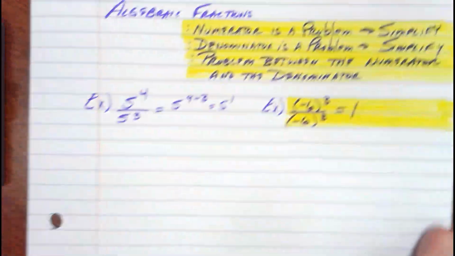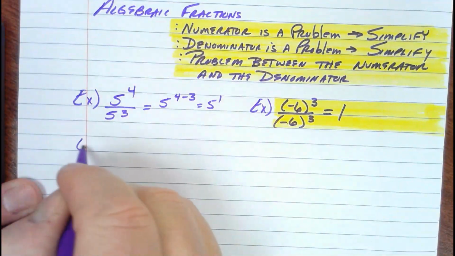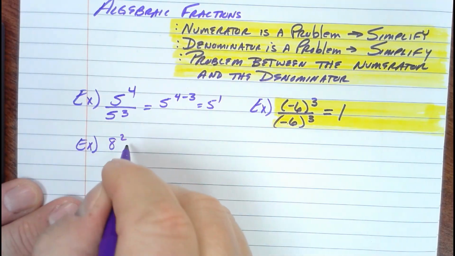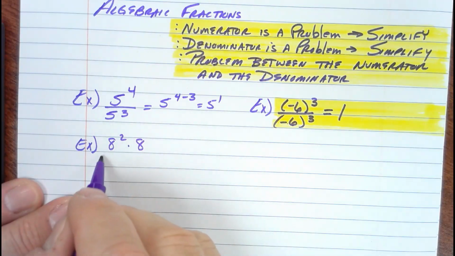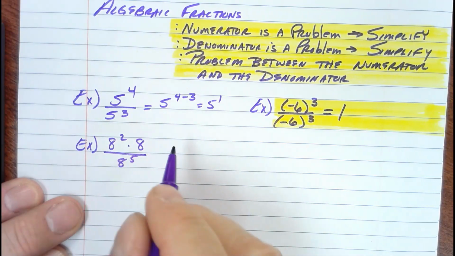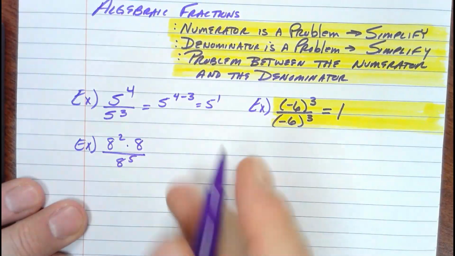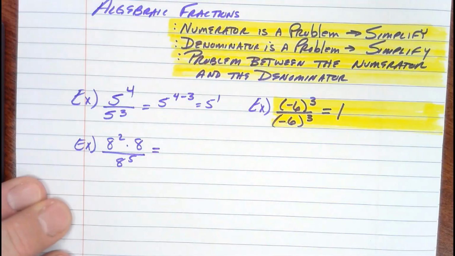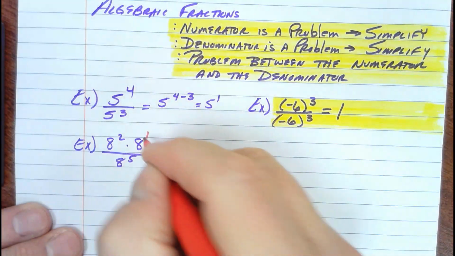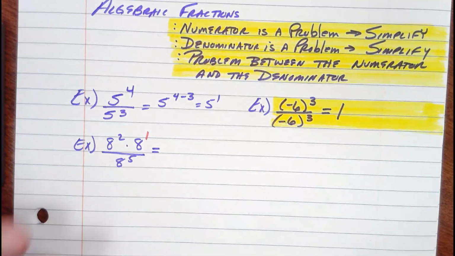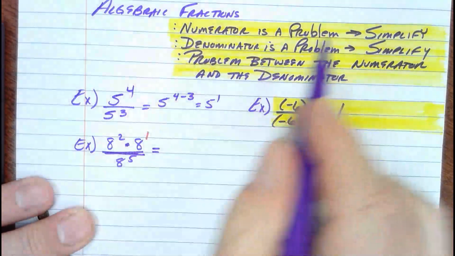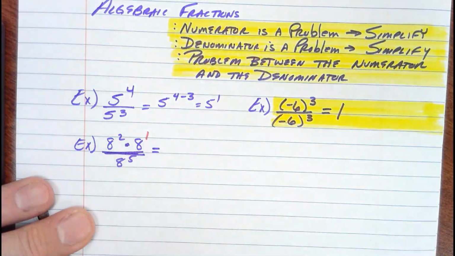Okay? The next is 8 squared times 8 over 8 to the 5th. Now, with this one, remember, we got to put in that 1 that's there. It's not written. And this is an example of what I'm talking about where the numerator is a problem. Is it simplified? It is not.